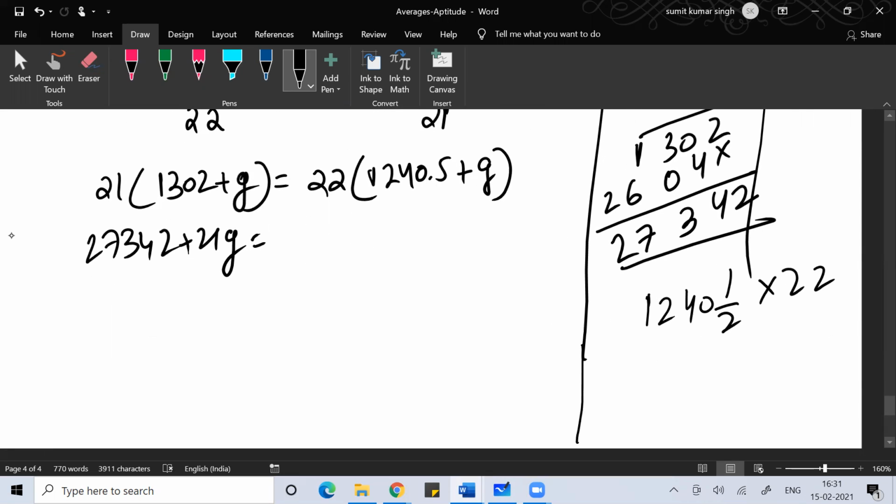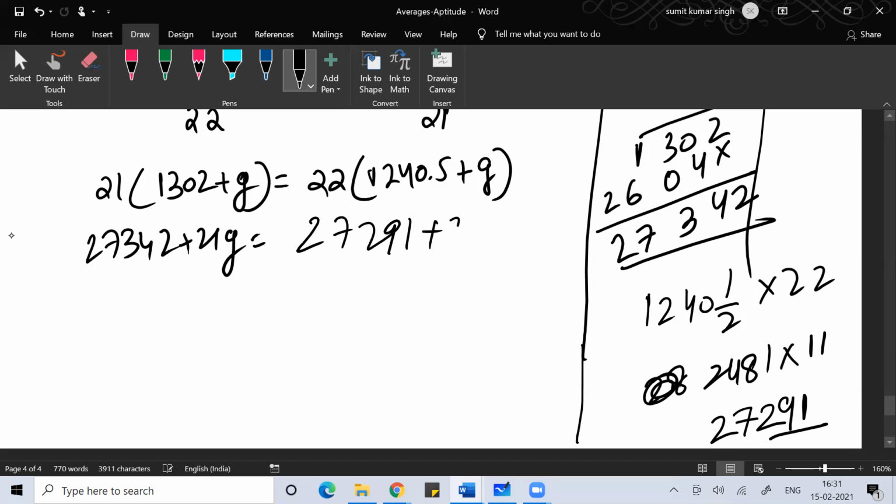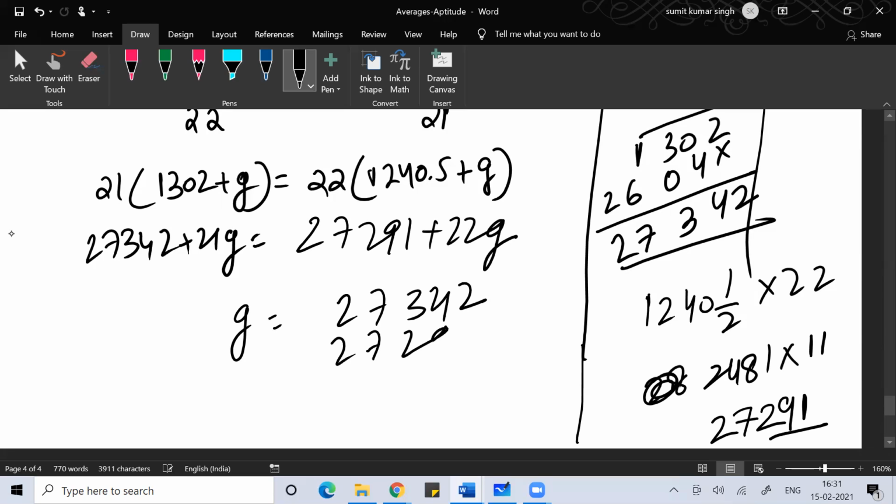If you solve this, 1240.5 into 22 is 27291. Then you will get G is equal to 7342 minus 27291.